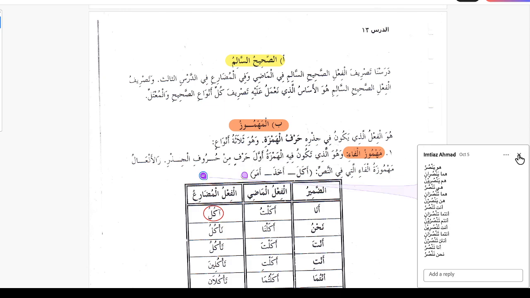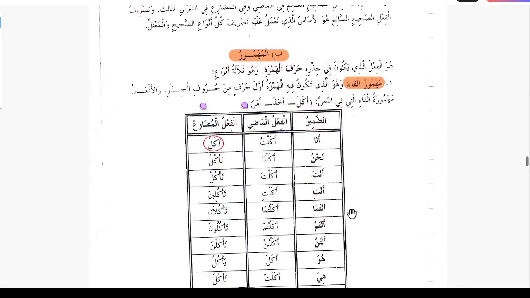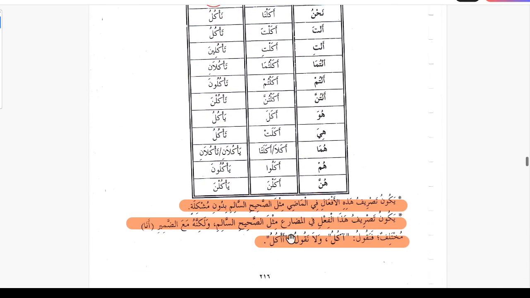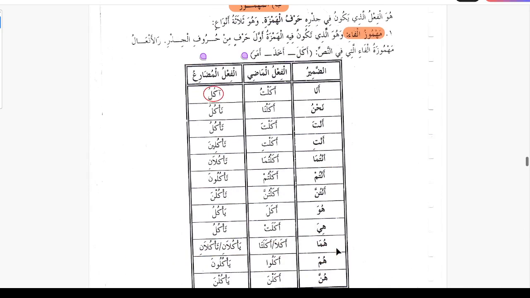So the conjugation is the same. The only difference is when it comes to Ana, the two hamzas get together to make it Akulu. In writing it's written as Akulu. So that is the only difference here.